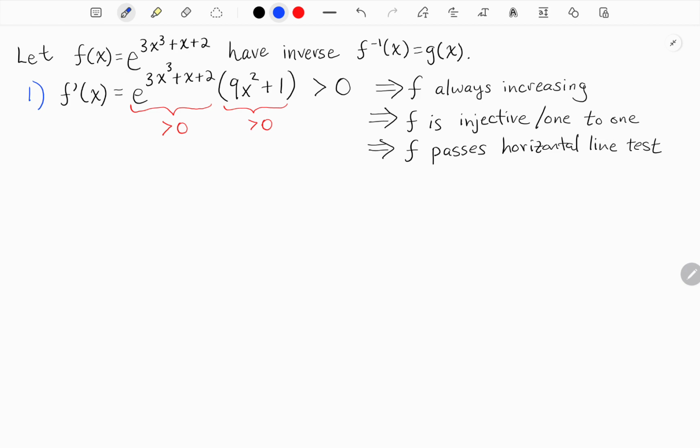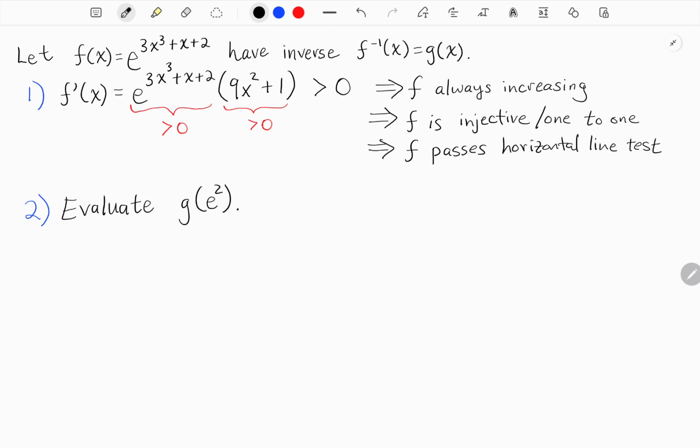So now, for question number 2, we want to evaluate what f inverse of e squared is, or what g of e squared is. Okay, so we want to evaluate g of e squared, and I'll call this y.